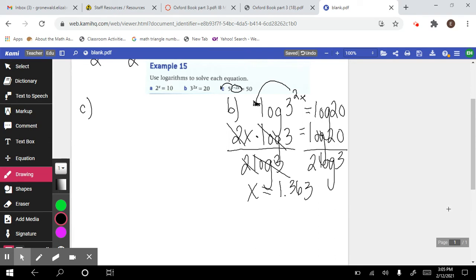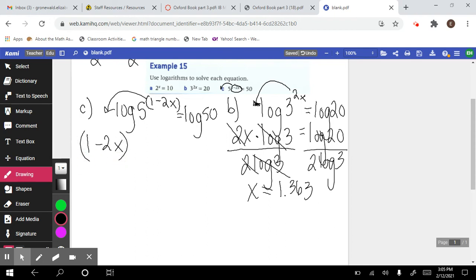So in order to do that, I've got to do the log, like so. My whole power comes down, because that is one of my log rules. Always use parentheses if it's an expression.